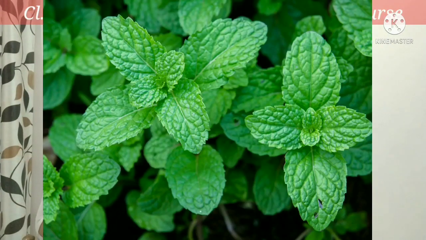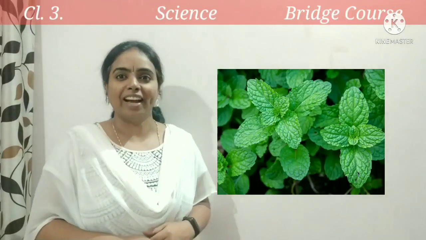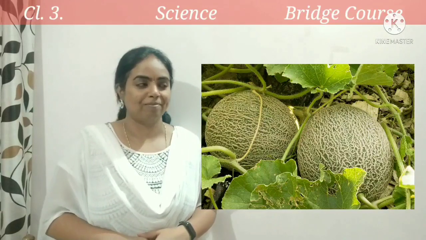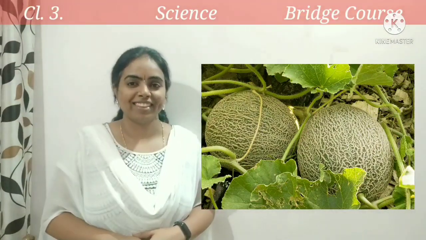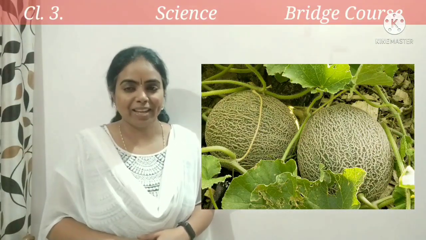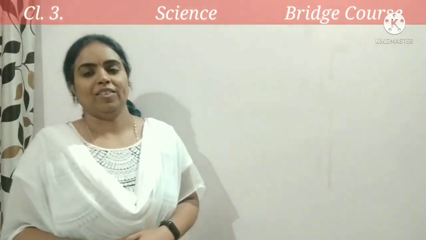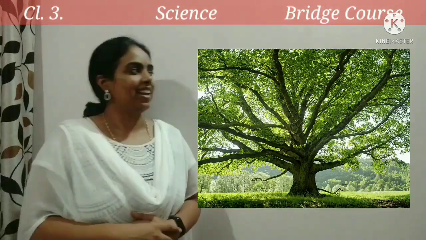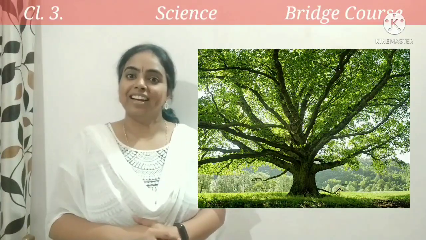The first picture. Is it a tree, shrub, herb, climber or a creeper? Yes, children, absolutely correct. It is a herb. Now identify this picture. Yes, it is a creeper. The next picture, children. Right, it is a tree.